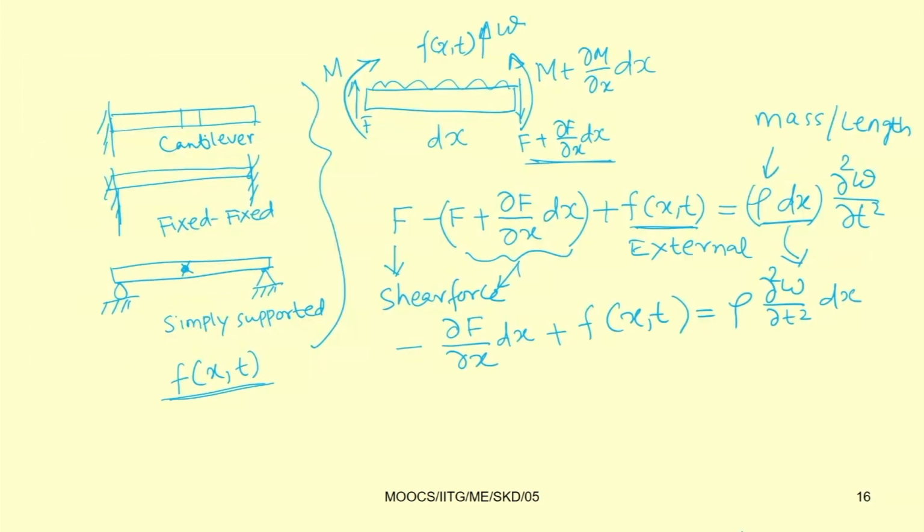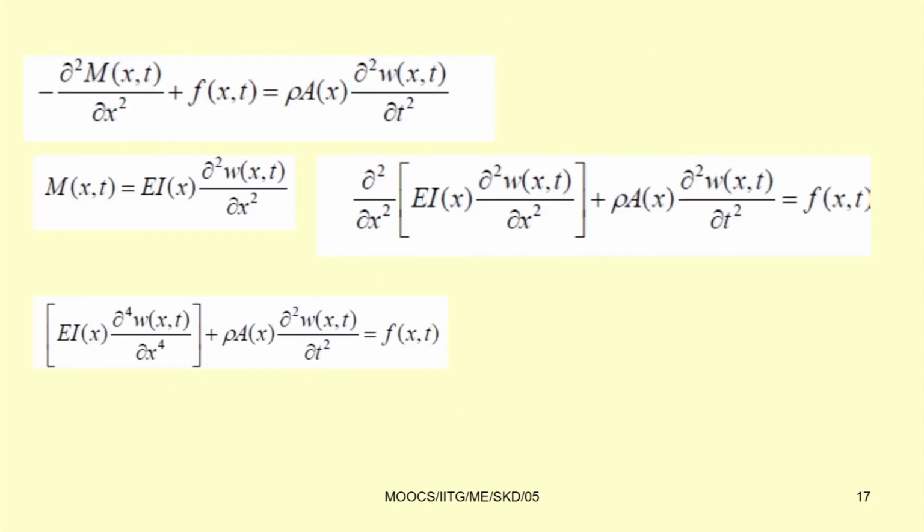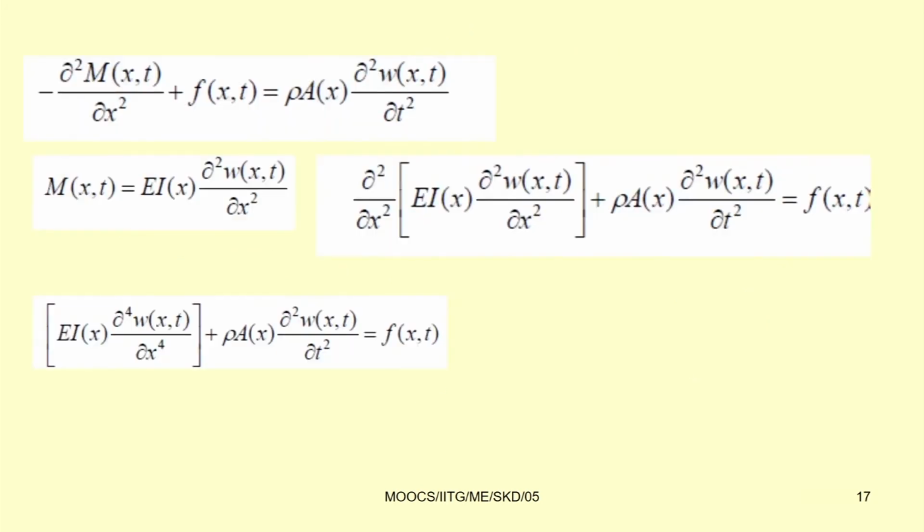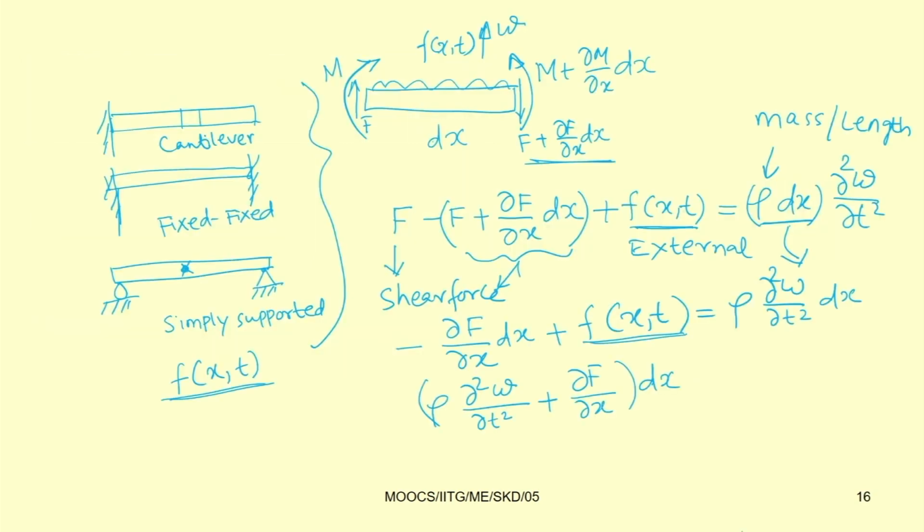In the absence of the external force, or in its presence also, you can write rho del square W by del t square plus del F by del x into dx, taking this force also, equal to f(x,t).